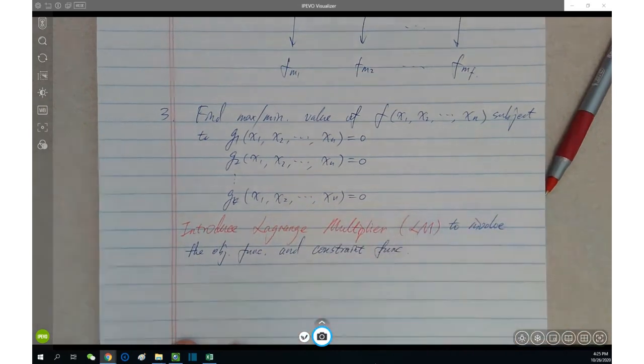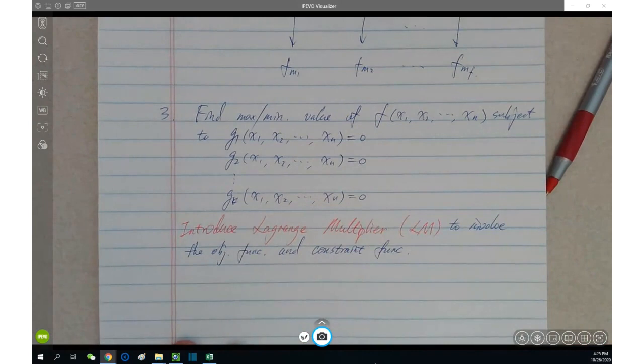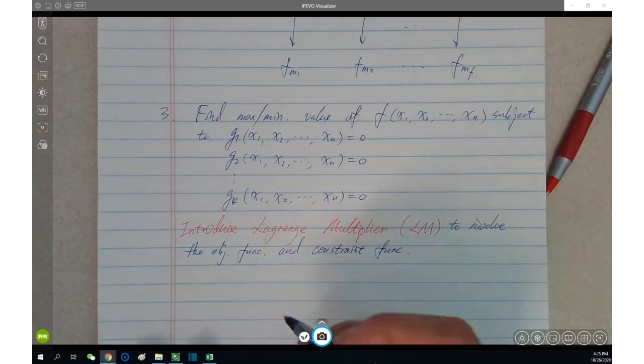Okay. Somehow you need to mathematically combine them together to become one thing to solve. Now, how to do that? Okay. It's like this.